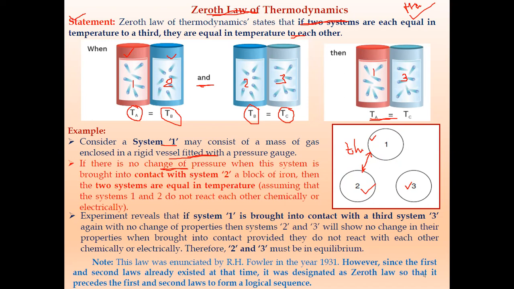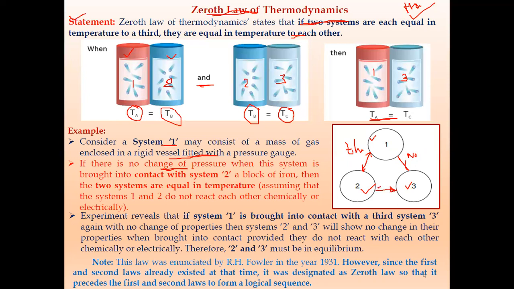So the experiment reveals that if system 1 is brought into contact with system 3, and again there is no change in properties, that is no change in temperature and no change in pressure between system 1 and system 3, then system 2 and 3 must be in equilibrium.